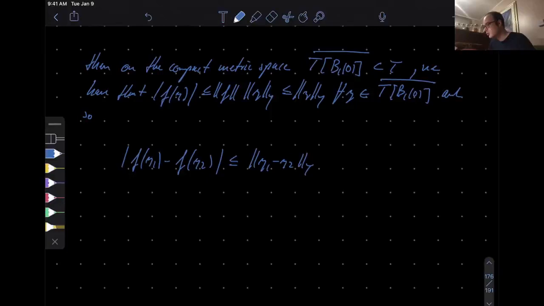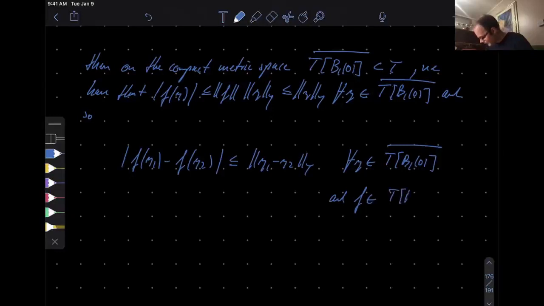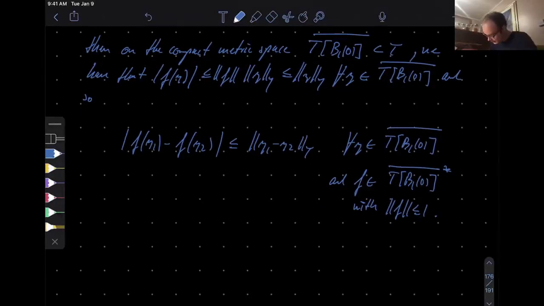Okay, and this holds true for all y in T(B_1) and f in the dual space of that thing with operator norm not exceeding 1. Okay, sort of a trivial estimate, but now comes the punchline.